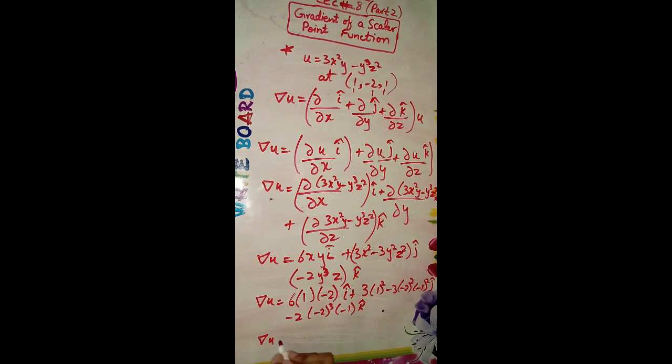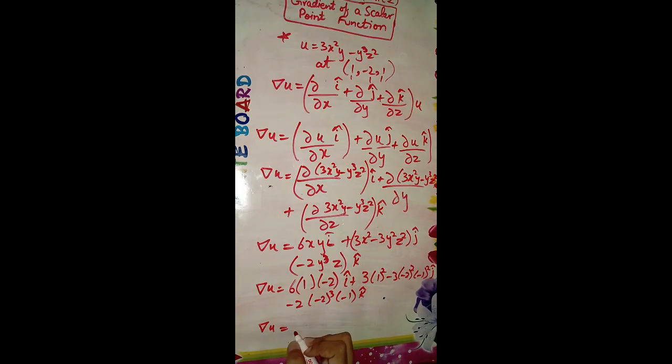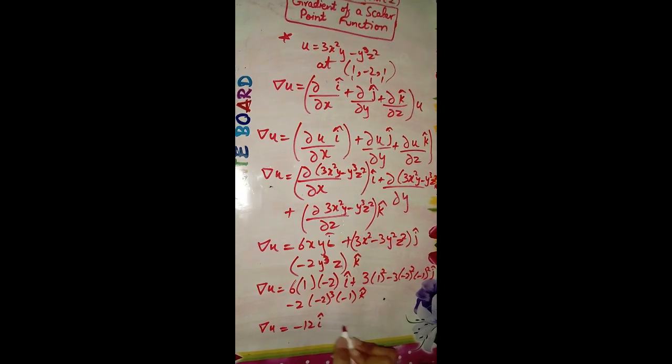So our final answer will be del u is equal to −12 i hat − 9 j hat − 16 k hat. This is our gradient of the scalar point function.